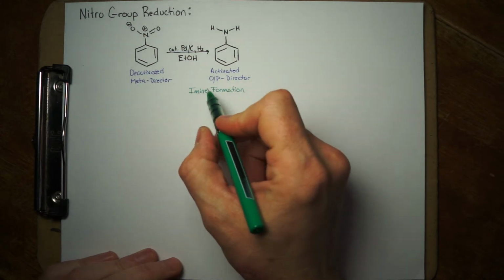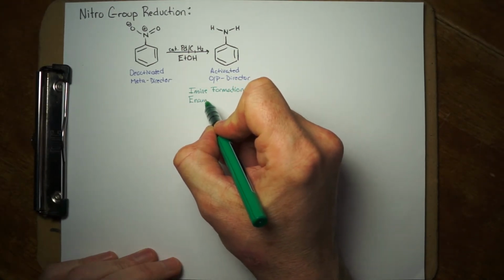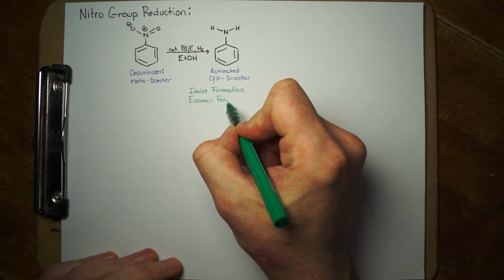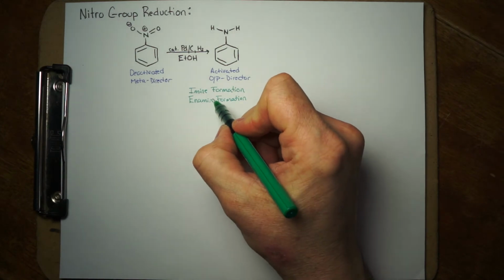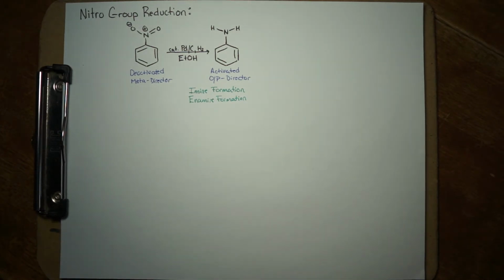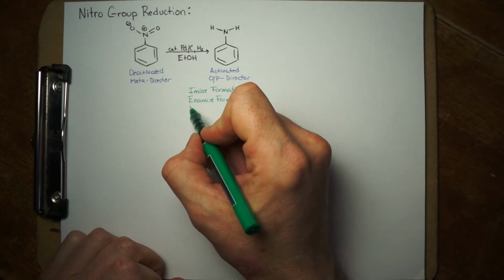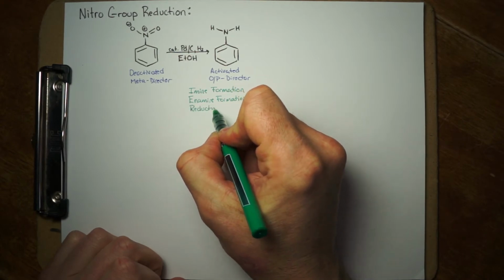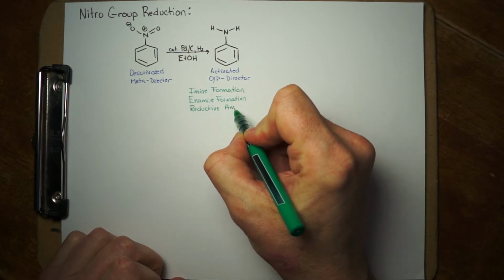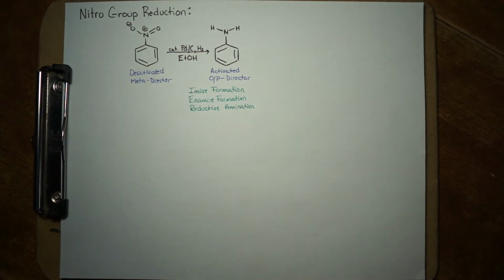We can also do enamine formation. And remember, enamines form from the addition of secondary amines to aldehydes and ketones. Using both of these, we can carry out reductive amination, through the reduction of an iminium intermediate.